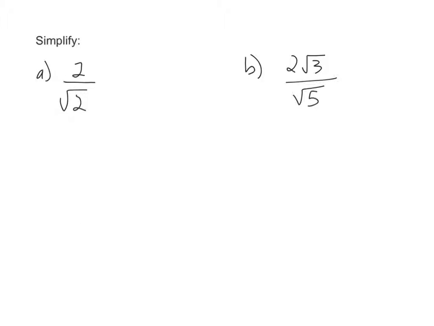So we want to simplify 2 over root 2. The problem is that it has that radicand in the denominator. We need to get rid of it by changing root 2 into something else that's not a radical. And we are going to do it by multiplying. What do I have to multiply root 2 by to change it into something that's not a radical?